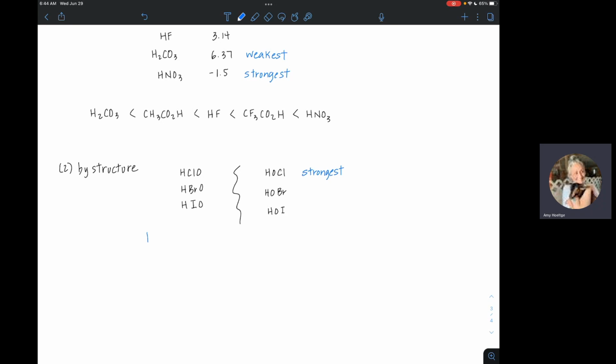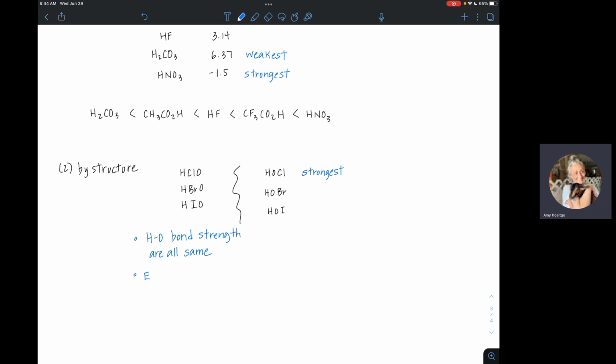So I'll write that down here. HO bond lengths or strengths are the same, but you can write your little rationale down here.